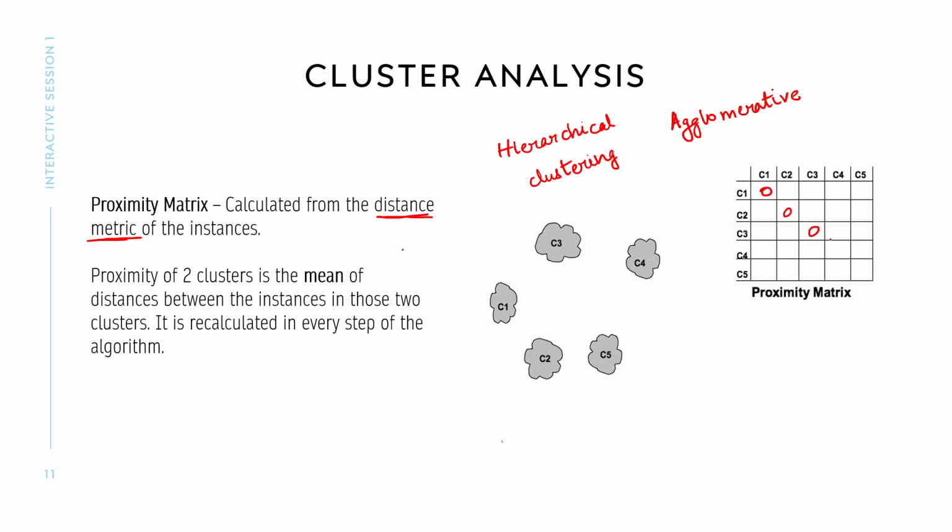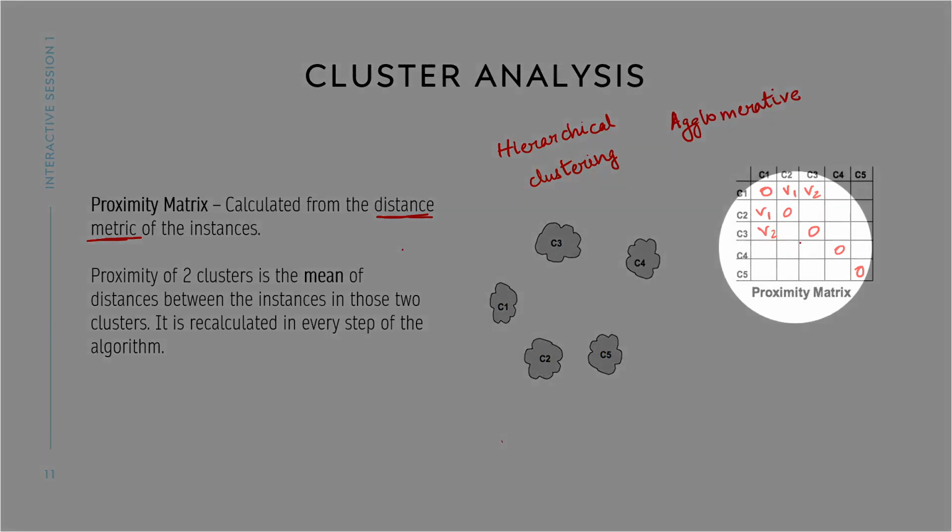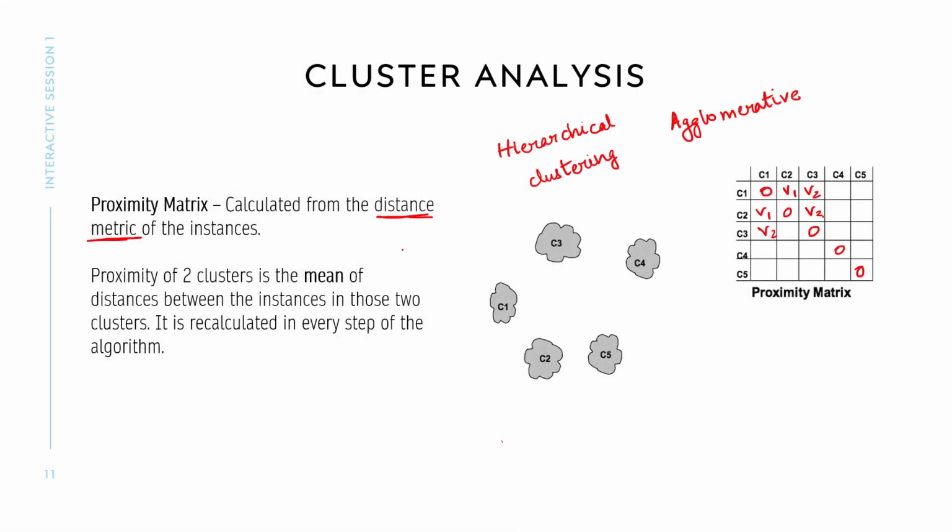The diagonal is always 0, because the distance between C1 and C1 is 0. The distance between C1 and C2 will be some value V1, and this is also V1. This is V2, and this is also V2. So this is a symmetric matrix. This is V3, V3, this is V4, also V4, this is V5.